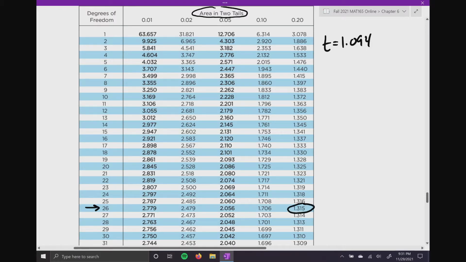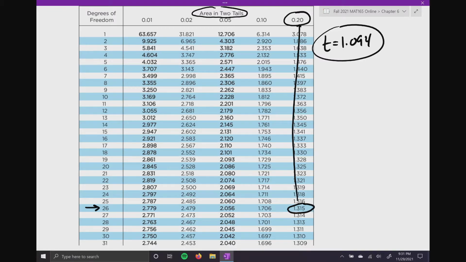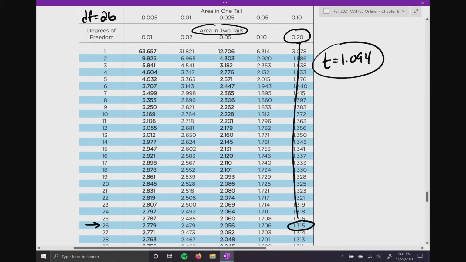Now, remember, what we're talking about is 1.094. So if I go all the way back up to here, I can see that 0.2 corresponds to 1.315 as a t-value. In other words, right there is going to be our p-value.